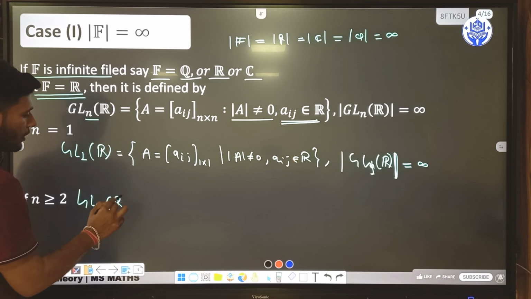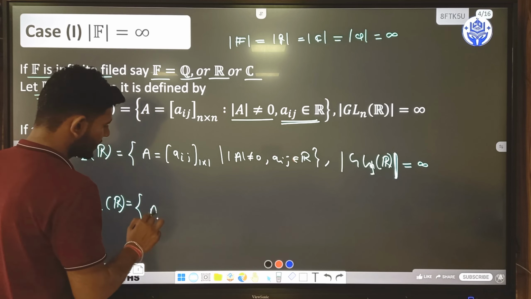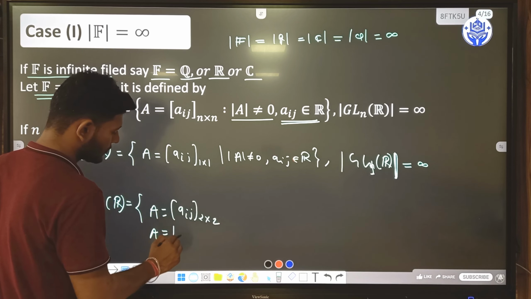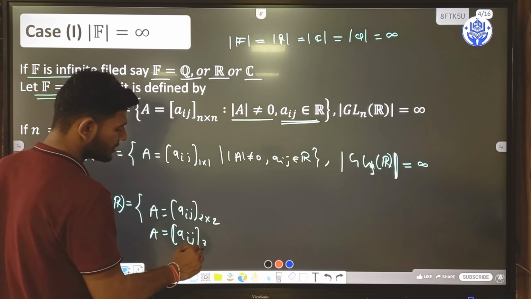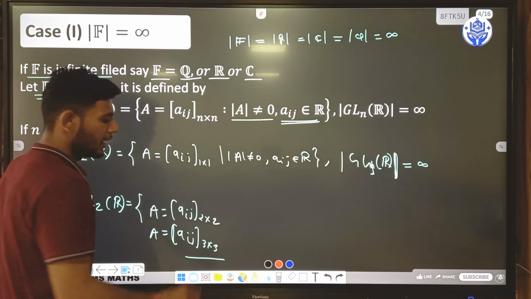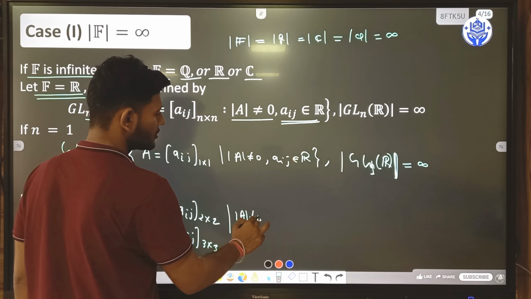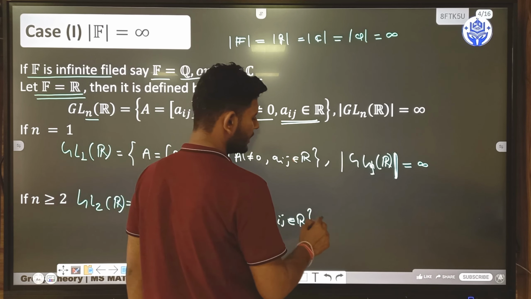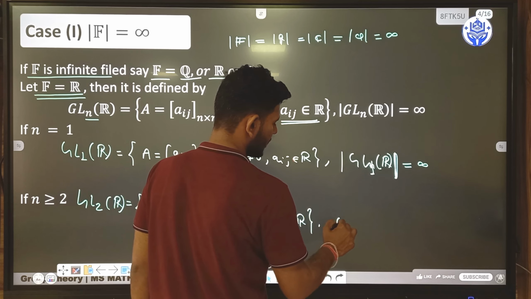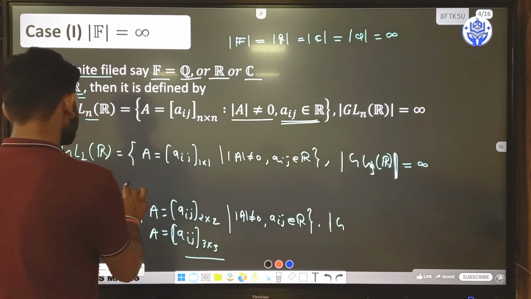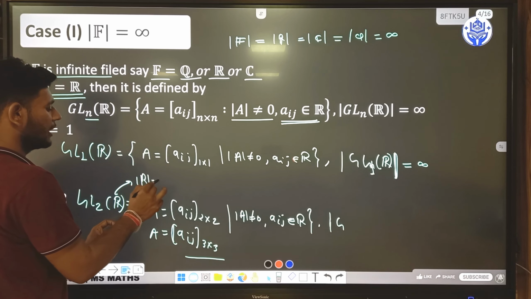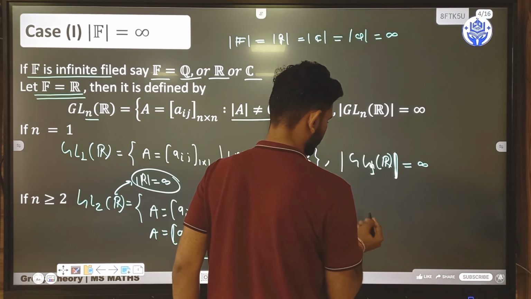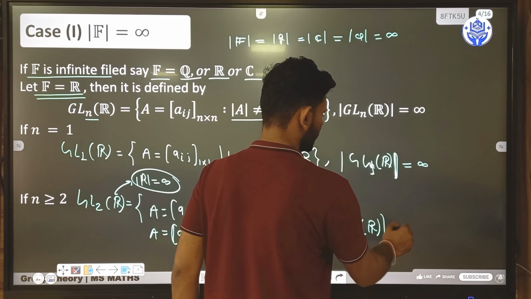If n equals 2, you can define it like this: GL_2 over R. Let's say it is my A_ij, which is 2 cross 2, and again the determinant is non-zero, and where the entries belong to the real numbers. Because the cardinality of R is infinite, the cardinality of this set is again going to be infinite, whether n is 2 or 3.